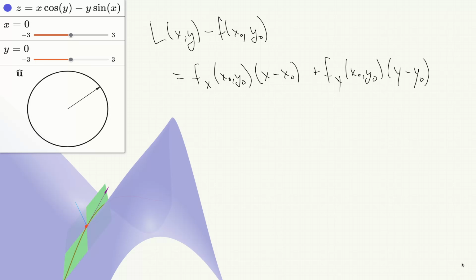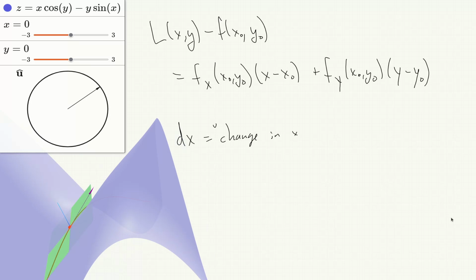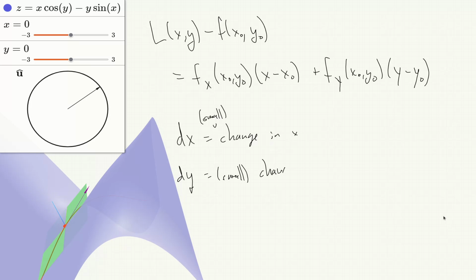If we write dx to be the change in x, and dy to be a small change in y, then we'll also see this written as fx dx plus fy dy.